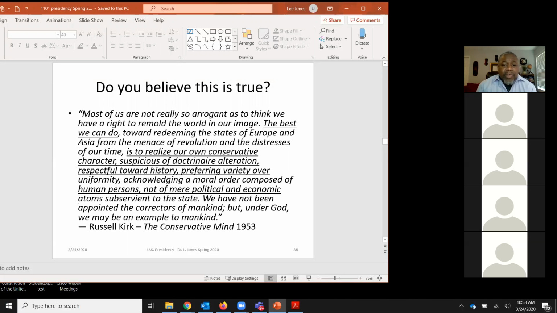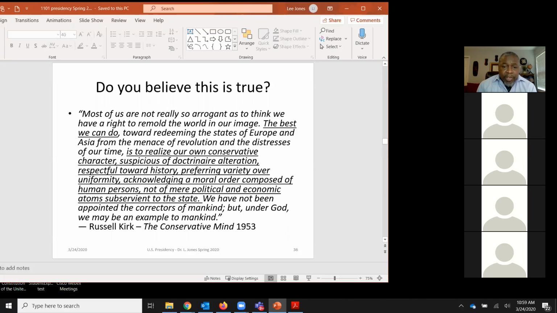And so the conservative, Russell Kirk, wrote this book in 1953 called The Conservative Mind, where he said, "The best we can do towards redeeming the states of Europe and Asia from the menace of revolution and the distresses of our time is to realize our own conservative character, suspicious of doctrinaire alteration, respectful towards history, preferring variety over uniformity, acknowledging a moral order composed of human persons, not of mere political and economic atoms subservient to the state."